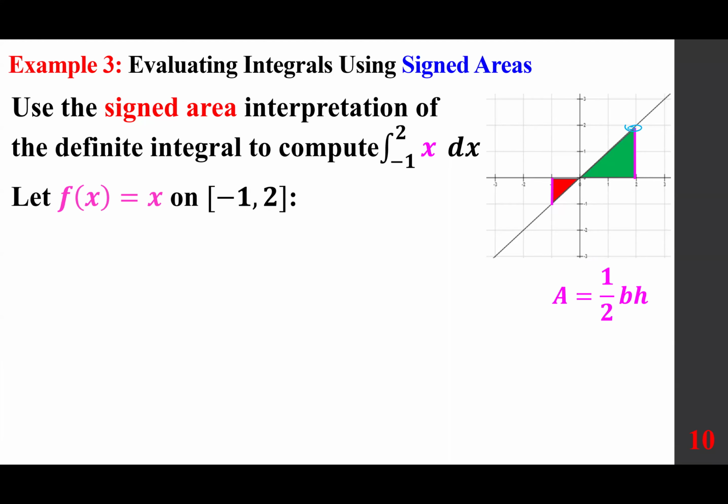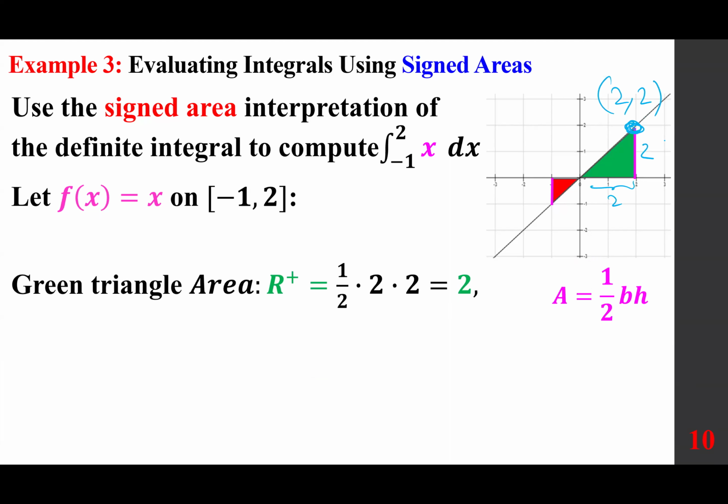This point has coordinates 2, 2, which means this distance is 2. So is this one 1/2 of 2 times 2? That means the area for the green triangle is 2. What about the red one?